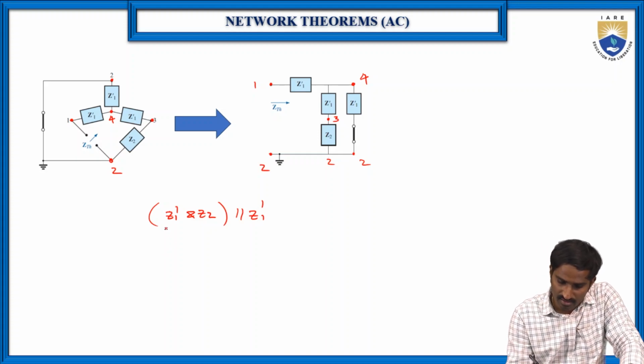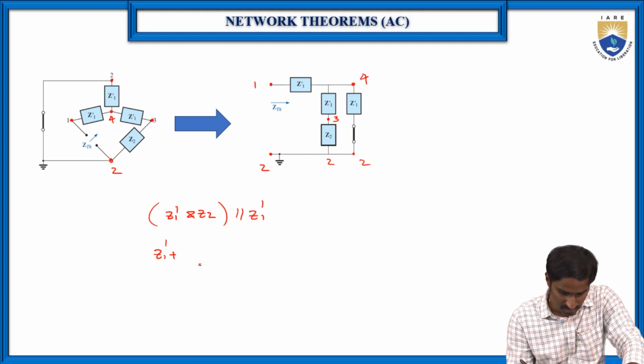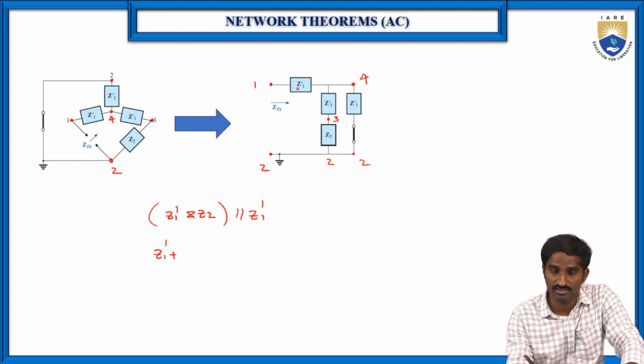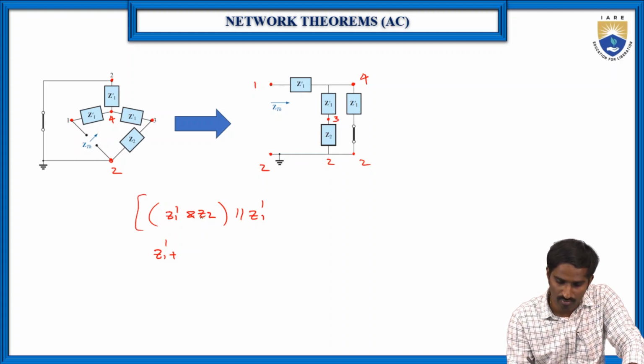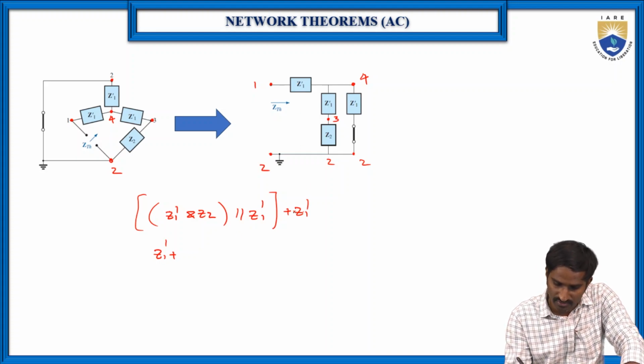So how can we write it? Z1 dash plus Z2 here. And this total combination is again in series with one more Z1 dash, right? So that's why I am writing this Z1 dash here.